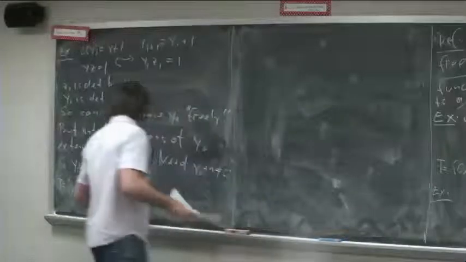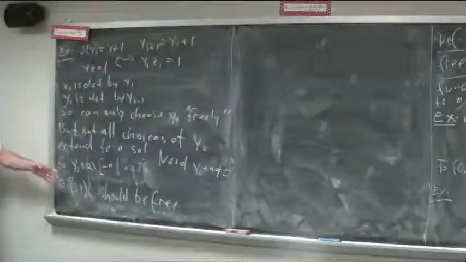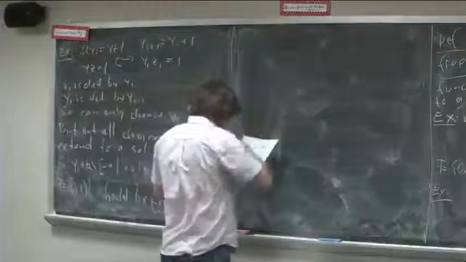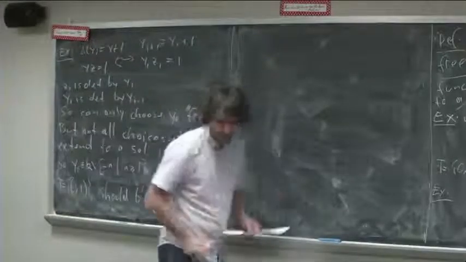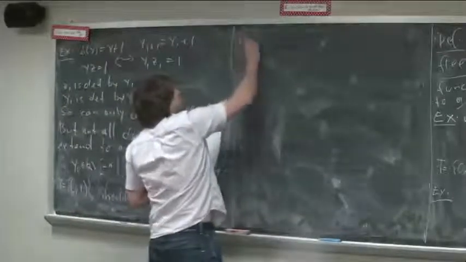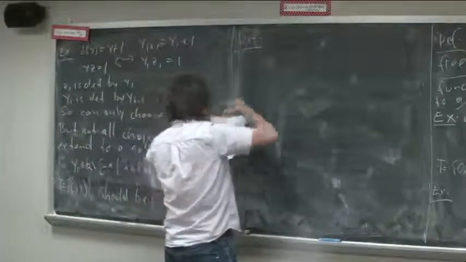And you see, Zariski open is not what you should be asking for. This is not a Zariski open set. You need to ask for something a little bit more complicated.